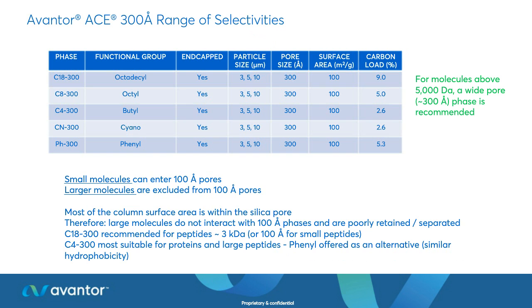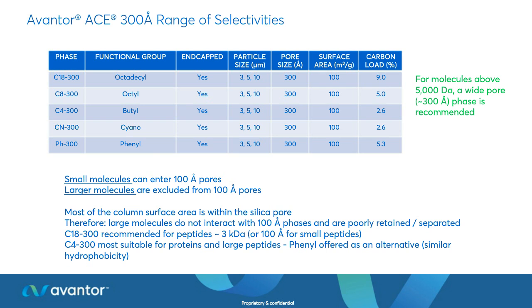Just another thing to mention here, with our protein analysis, we tend to use a C4-300. It's slightly hydrophobic. It will interact with that hydrophobic foot on the protein. When you go to a longer alkyl chain, like a C18, for example, you might get too much interaction with the column, and that actually kind of causes on-column denaturation of your protein.